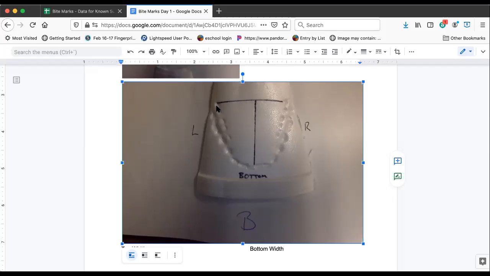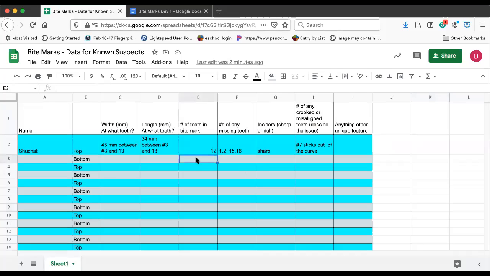So there's 7 teeth on the left side, and usually that means there's going to be 7 teeth on the right side. 1, 2, 3, 4, 5. These 4 together, 6. Those together is 7. So 7 and 7 is 14. On the bottom, there are 14 teeth in the bite mark.